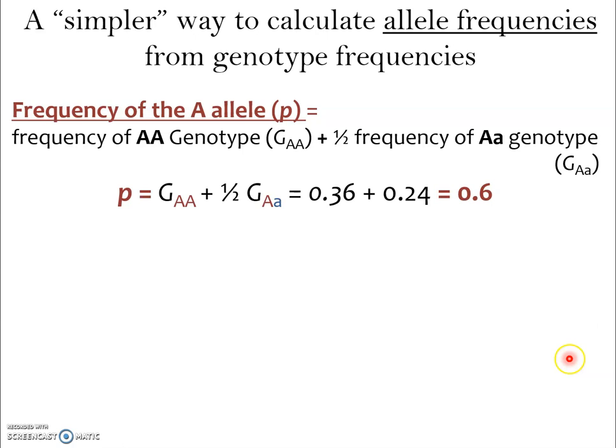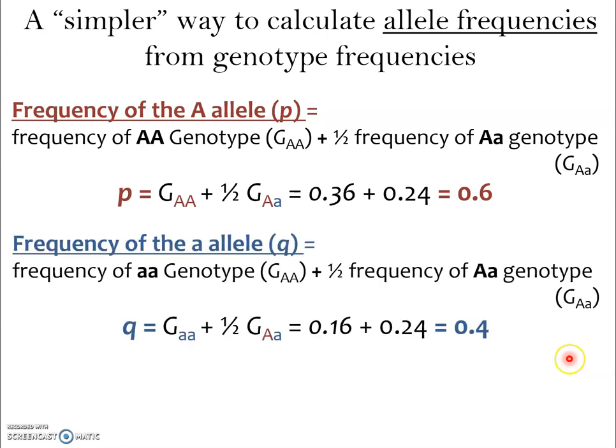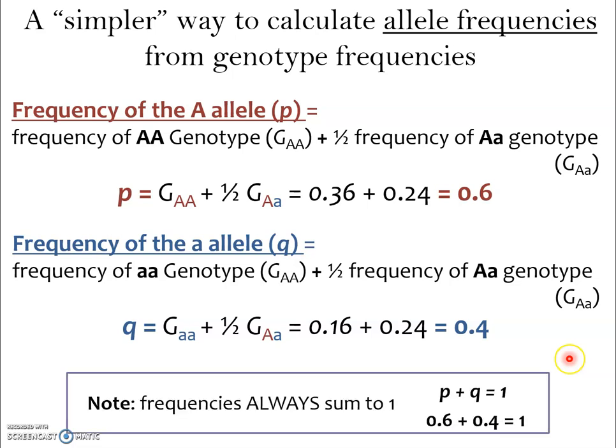So there's that, and you see that the math works. The frequency of our little a allele, also known as Q, is the frequency of the little a little a genotype plus half the frequency of heterozygotes. And this comes out also to 0.4 like we saw before.